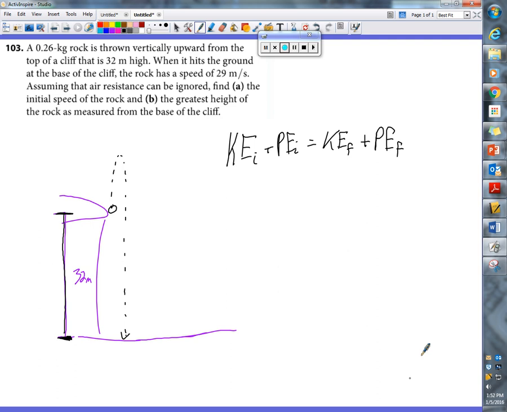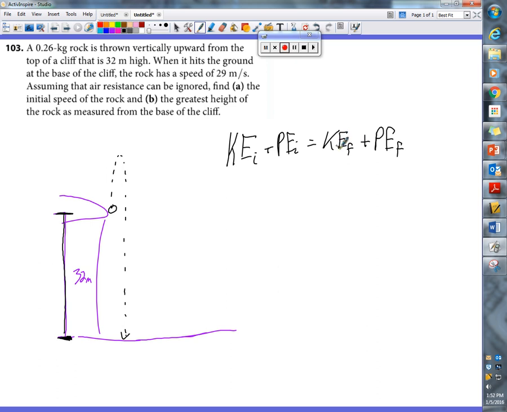Now, what, if any of these, can I cancel out right off the bat? KE initial? No, we're trying to find that speed. What about PE initial? Do we have an initial height to start with? Yes, so we can't cancel that one. What about KE final?